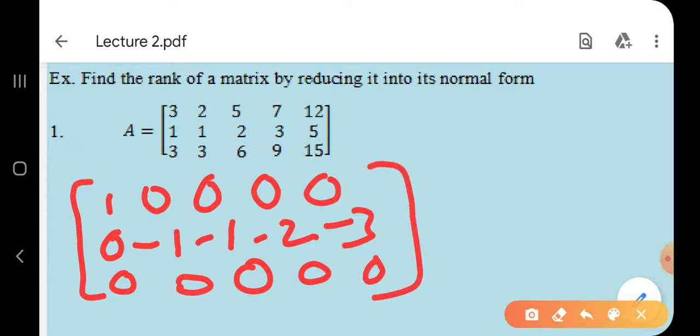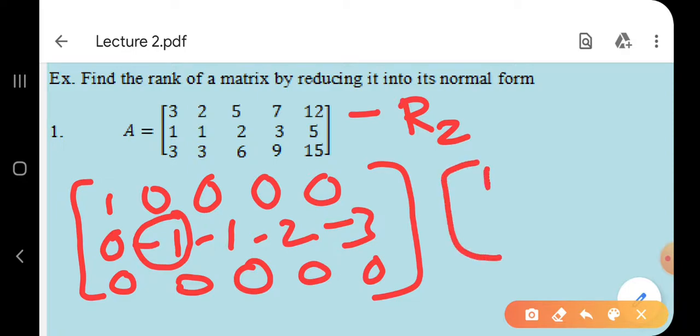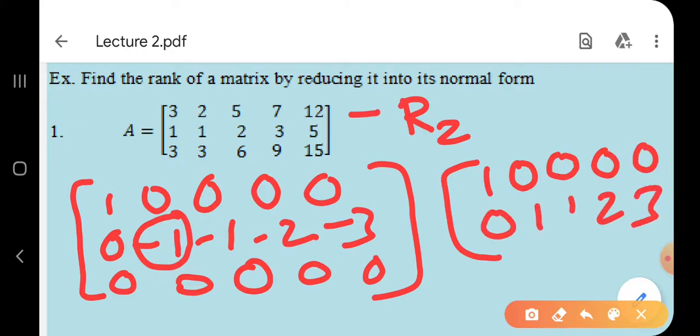Now again use column operations. What is the column operation now? Forget the first row. Concentrate on the second row. This position is minus 1, make it 1 by multiplying by minus 1. So you may multiply the whole row by minus 1, R2. So what I get? 1 0 0 0 0, then 0 1 1 2 3, then 0 0 0 0 0, correct.